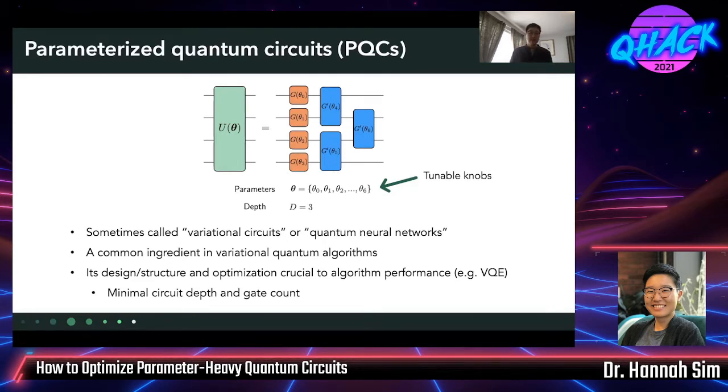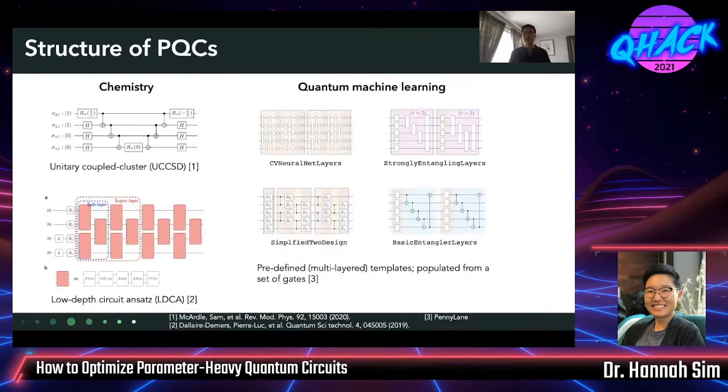I wanted to talk a bit about the structure of quantum circuits that people have developed over the years, specifically in applications like quantum chemistry. You might have heard of the famous unitary coupled cluster circuits, which are inspired by the coupled cluster approaches that were applied in quantum chemistry and computational chemistry fields.